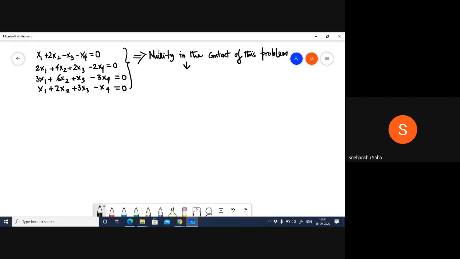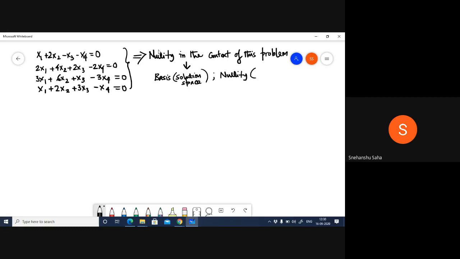I have to figure out the solution space, right? What is the solution space? What sort of vectors are contained in the solution space? And so therefore, what I need to do is find the basis of the solution space. And of course, I also need to find the nullity, right?